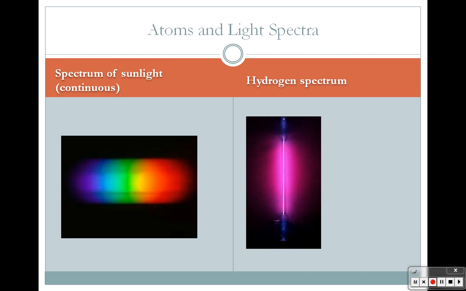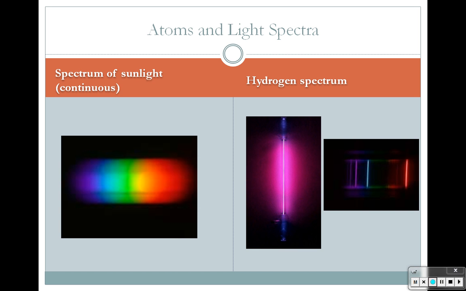What's interesting is, if you take a prism and hold it up to the hydrogen spectrum, instead of seeing the continuous spectrum that we see with sunlight, like the rainbow, we see this. We only see certain parts of that continuous spectrum.